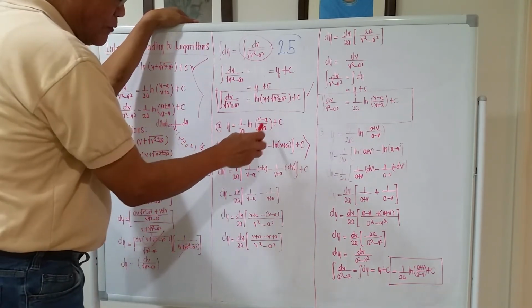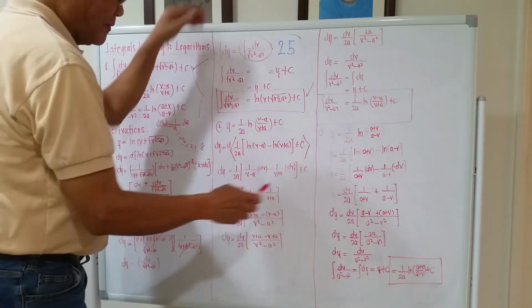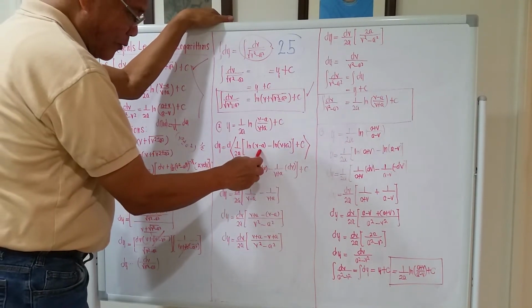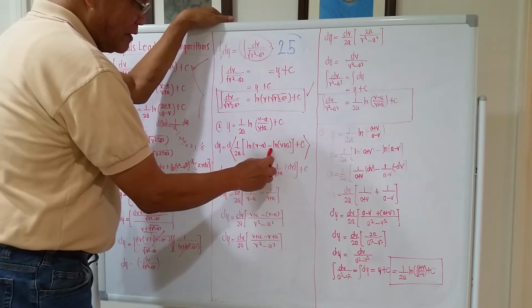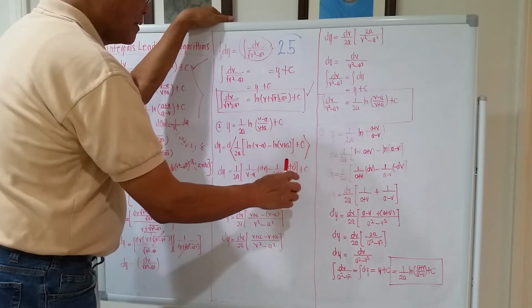The logarithm of a quotient is a logarithm of the difference, okay? It should be the natural logarithm of the numerator minus the natural logarithm of the denominator, okay, plus c.